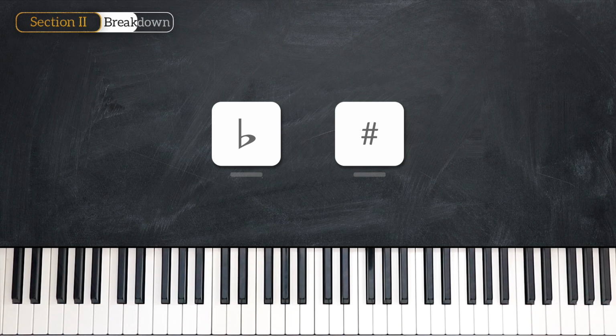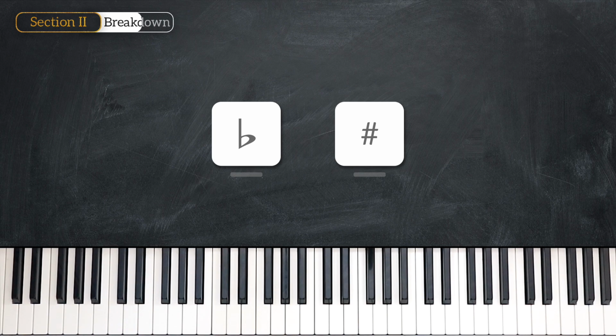For instance, if we're moving up in the pitch by one half step, so we're going to the right, that movement is called a sharp. And the symbol for that is just like the hashtag. Going to the left, that one is called a flat, symbolized by this tiny B that you can see at the left of your screen.